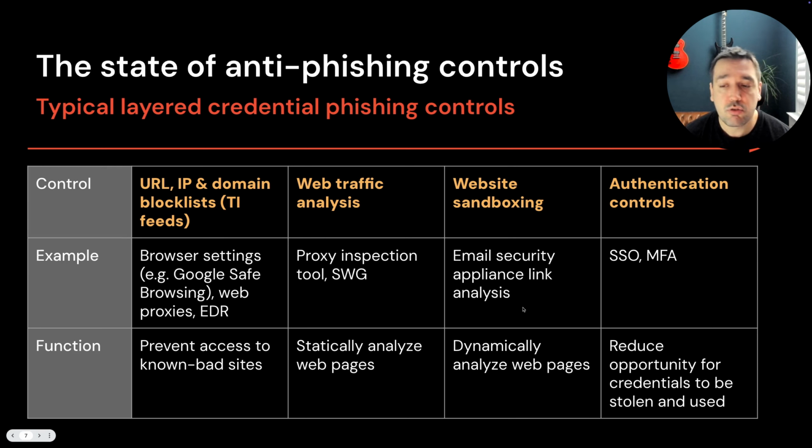When traditional credential phishing was based around just capturing a password, the introduction of MFA meant that the password could not be used on its own, and so significantly reduced the opportunity for credentials to be stolen and used. It's for that reason that we've seen the introduction of attacker in the middle phishing toolkits. They've been introduced to bypass MFA specifically. So these are the controls we tend to see in general.